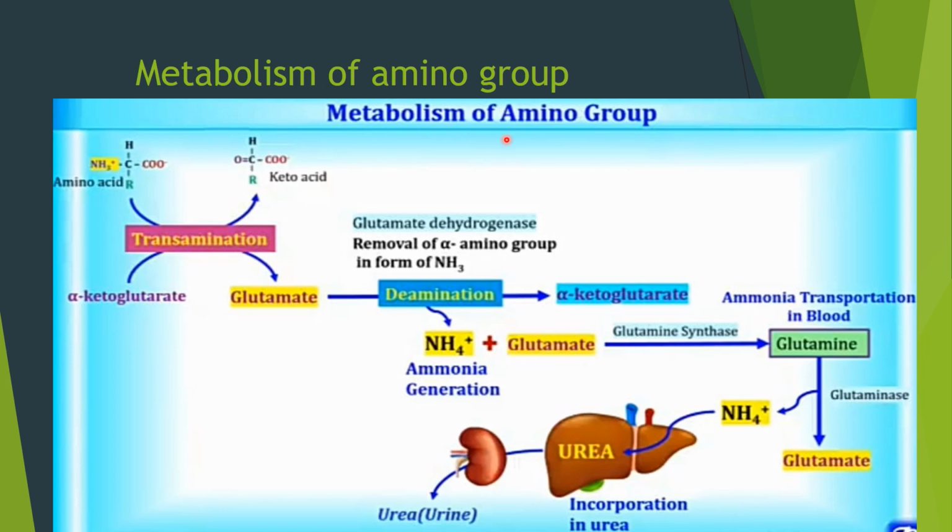During the metabolism of amino group, the first step is transamination, during which the transfer of amino group from an amino acid to keto acid occurs. In today's video, we will discuss transamination in detail.